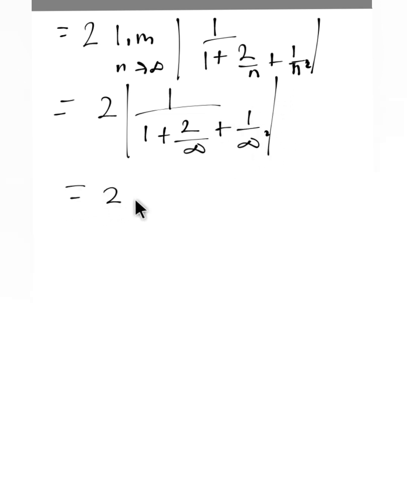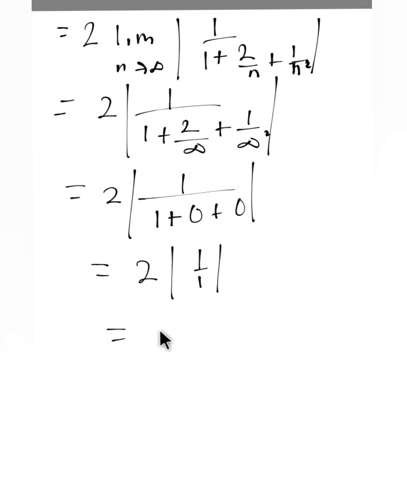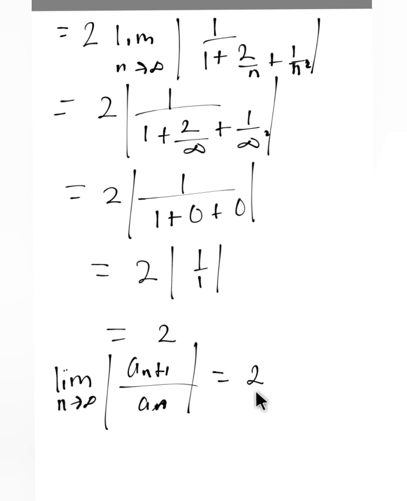Now this is equal to 2 into 1 over 1 plus, as long as infinity is the denominator and there's a number at the top, it is 0. This is also 0. So this gives us 2 into 1 over 1, and this gives us 2. Hence, the limit as n tends to infinity of a_(n+1) over a_n is equal to 2.